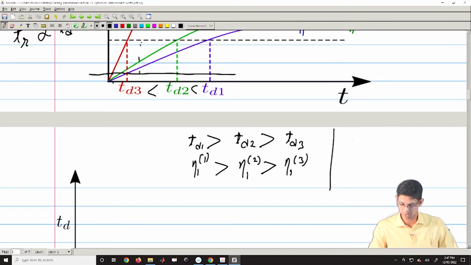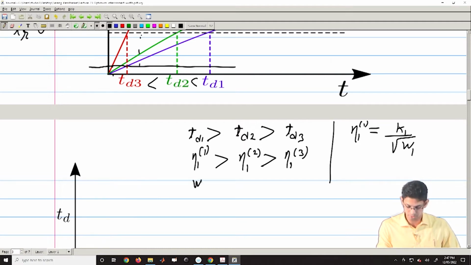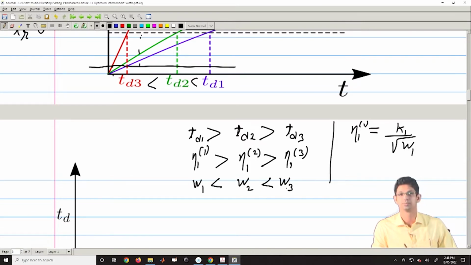Now, eta 1 is equal to some constant into W, right. So, there is an inverse proportionality here. So, if I were to write this for different values of width, I can then get that my W1 should be smaller than my W2, which should be smaller than my W3.